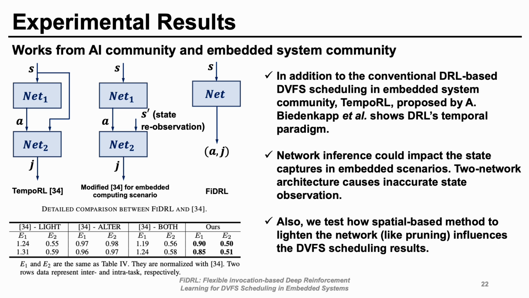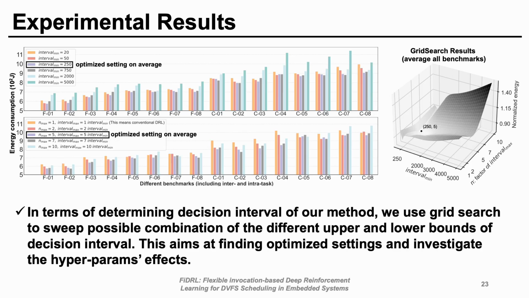Back to our FiDRL, one thing to notice is two parameters which determine the upper and lower bounds of the decision interval. We evaluate different ranges of interval settings and use grid search to sweep possible combinations of ranges, and we can find optimized settings in this way.